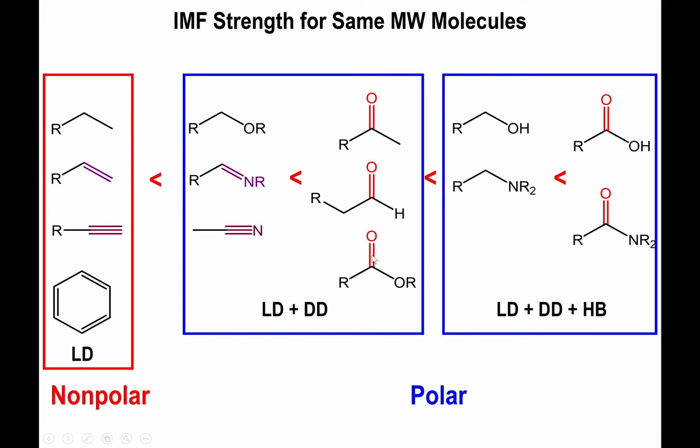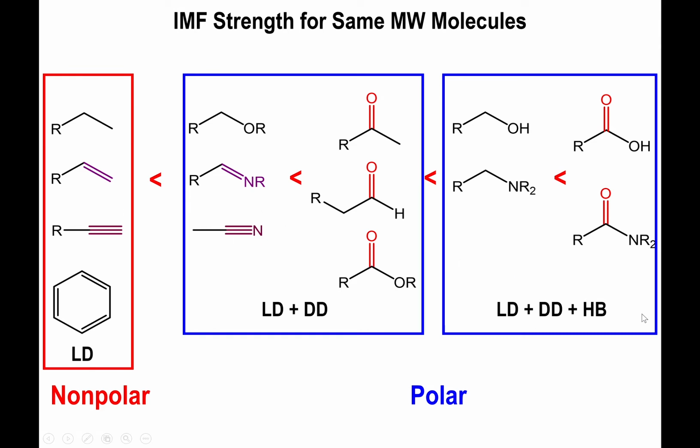The ones that have carbonyls, I predict to have higher intermolecular forces because you have that stronger dipole moment present as a result of the carbonyl being there. So this is roughly what we expect: your ketones, aldehydes, esters having lower intermolecular forces than your alcohols or amines, which themselves will have lower intermolecular forces than the carboxylic acids and the amides.